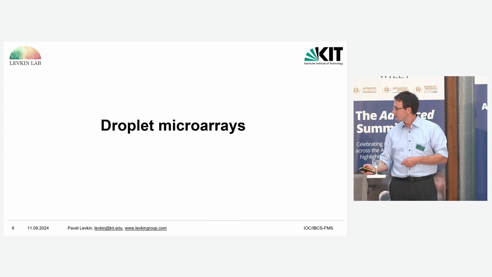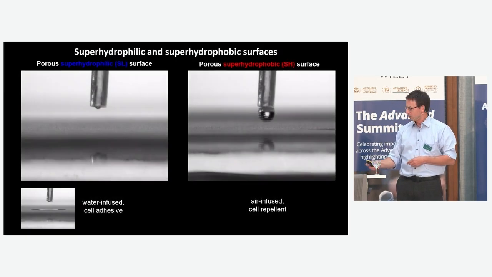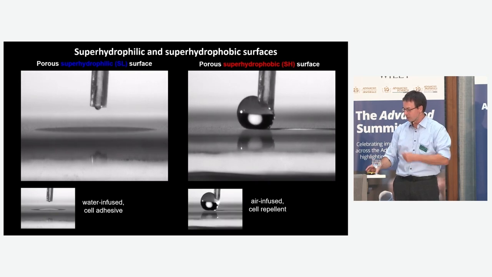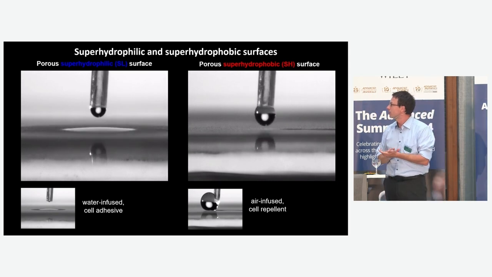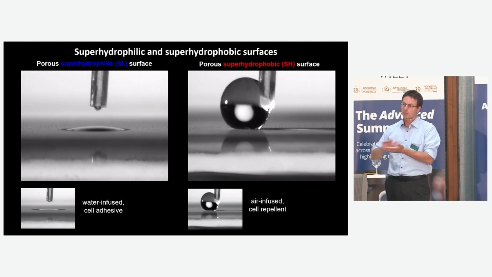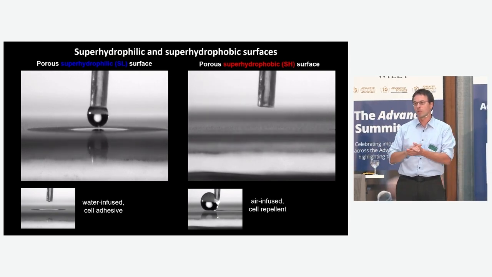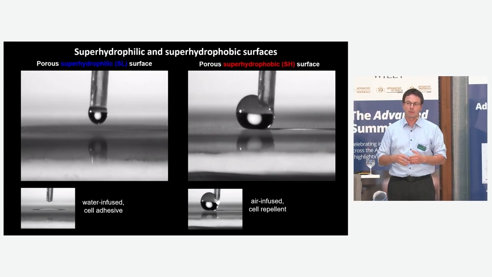So what is droplet microarrays and how do we make them? So in my lab, we have developed different methods to functionalize surfaces with, first of all, such superhydrophobic coatings, which are based on micro-nanostructuring and surface functionalization, which are extremely water repellent.